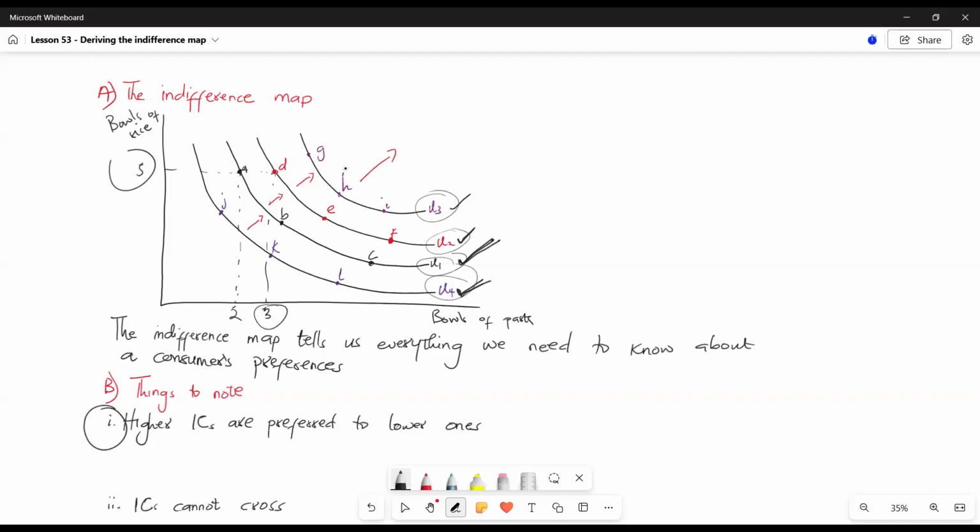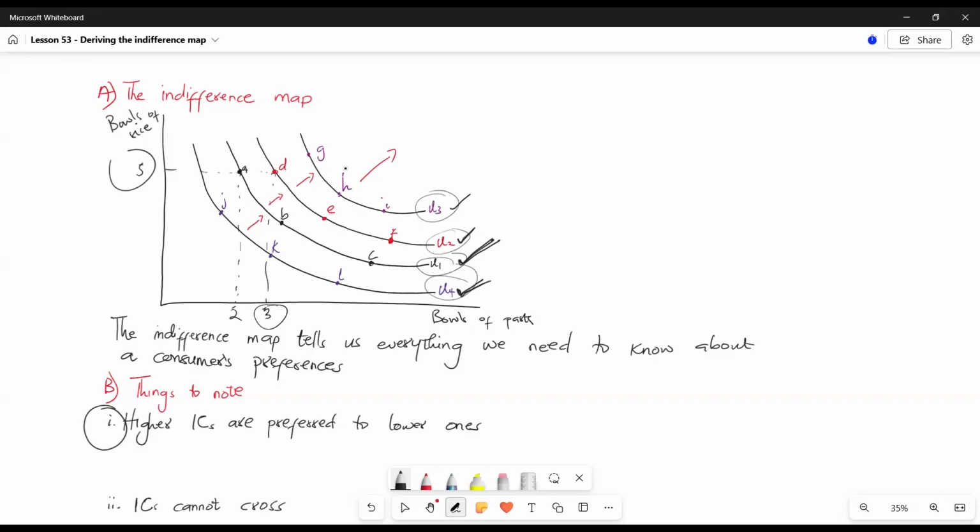So because at least one of the goods is more in a particular bundle, that bundle is on a higher indifference curve, which gives us a higher level of satisfaction. So because a higher indifference curve means a higher amount of goods in a particular bundle, those indifference curves are preferred to other indifference curves with a lower amount of a particular good in a bundle.